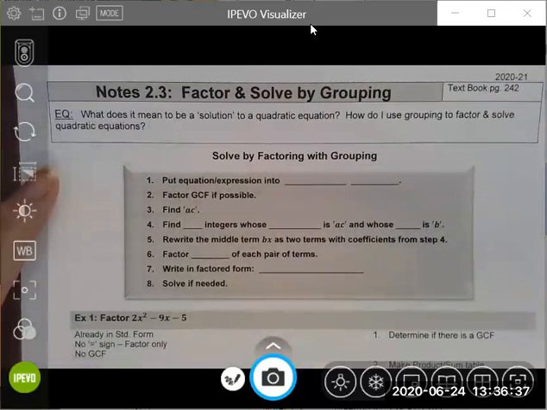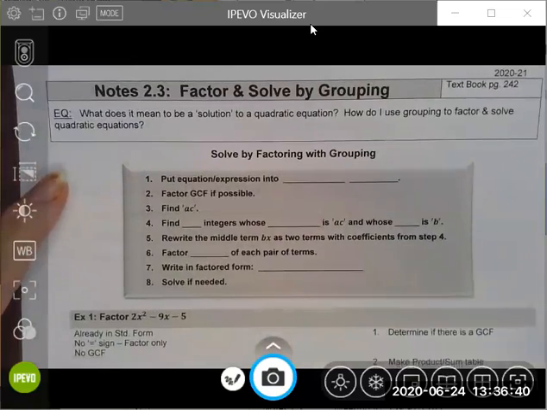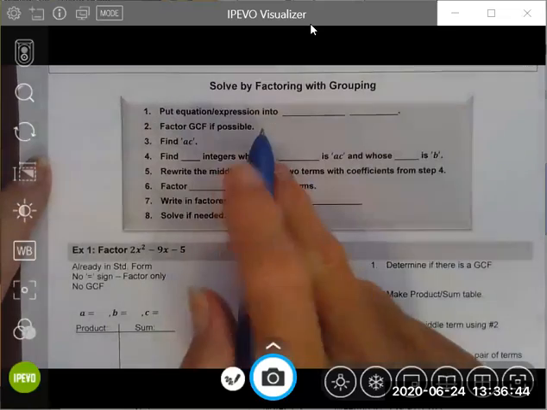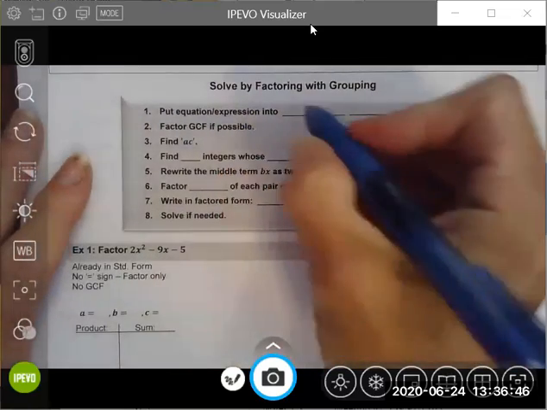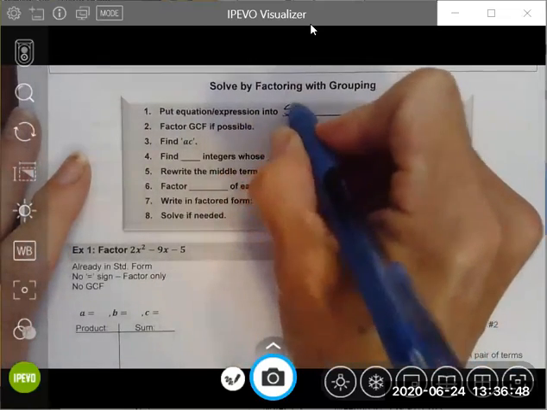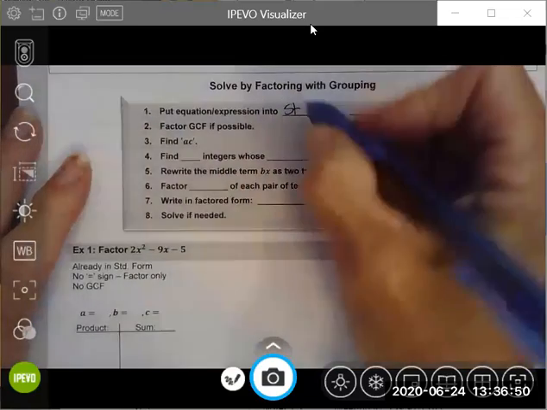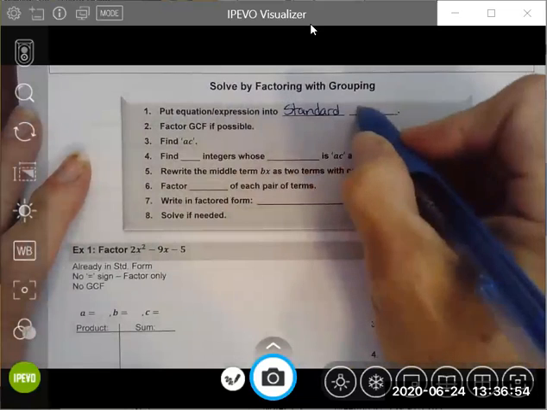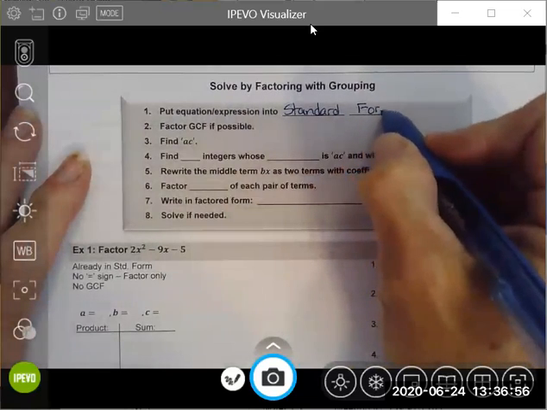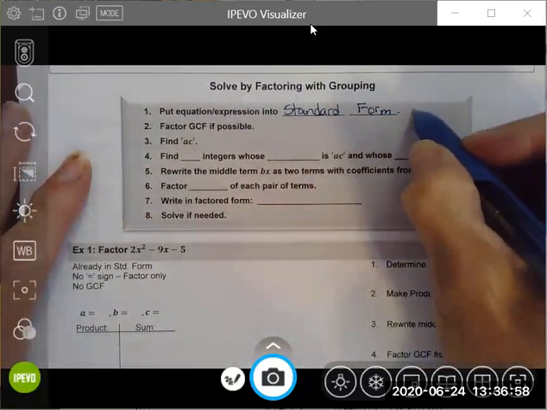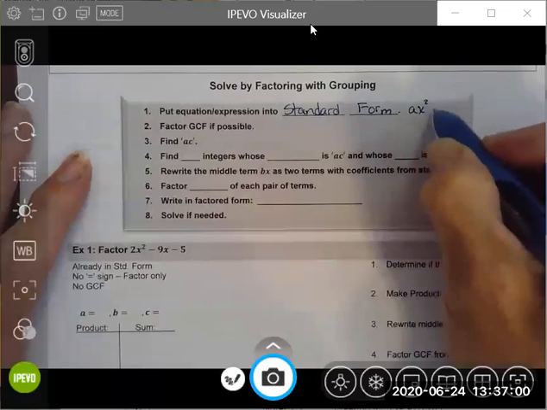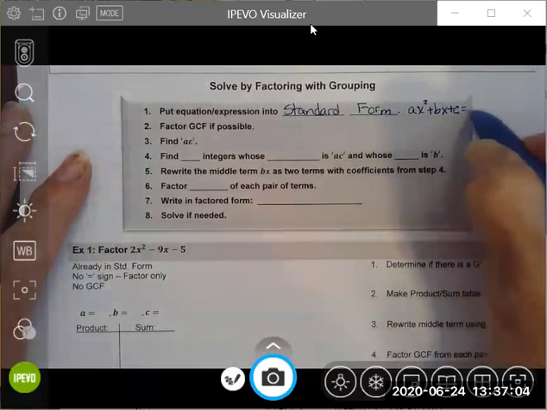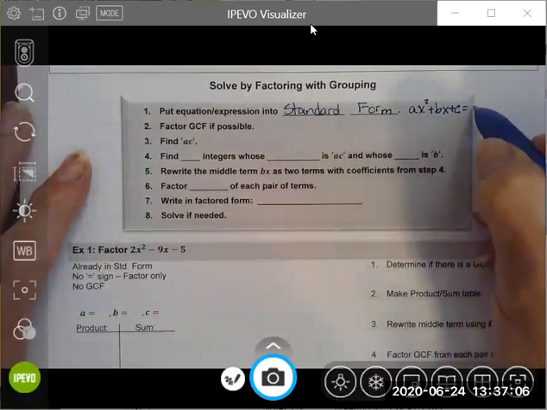We are going to start off with just the steps that are required to factor a trinomial using grouping. The first thing we need to do is remember to put our equation in standard form. If you remember from our previous two lessons, that would be ax squared plus bx plus c equals, in our case, y.